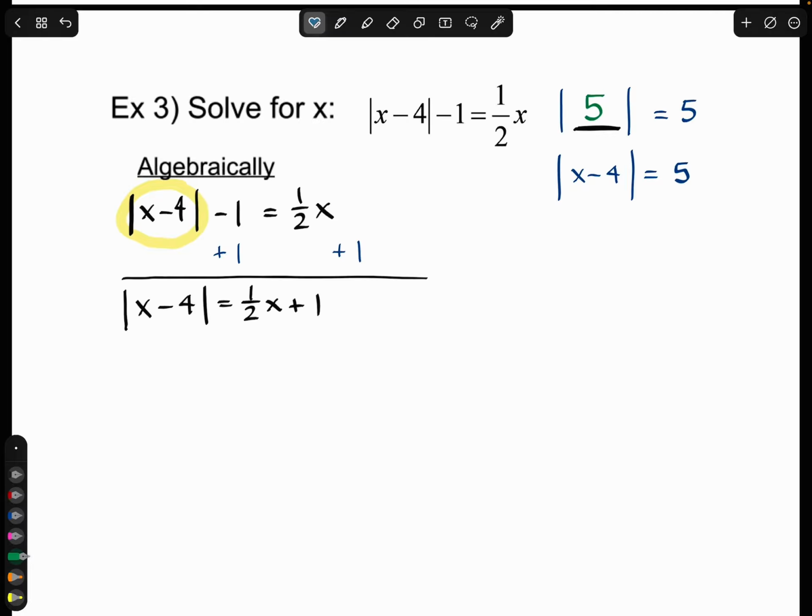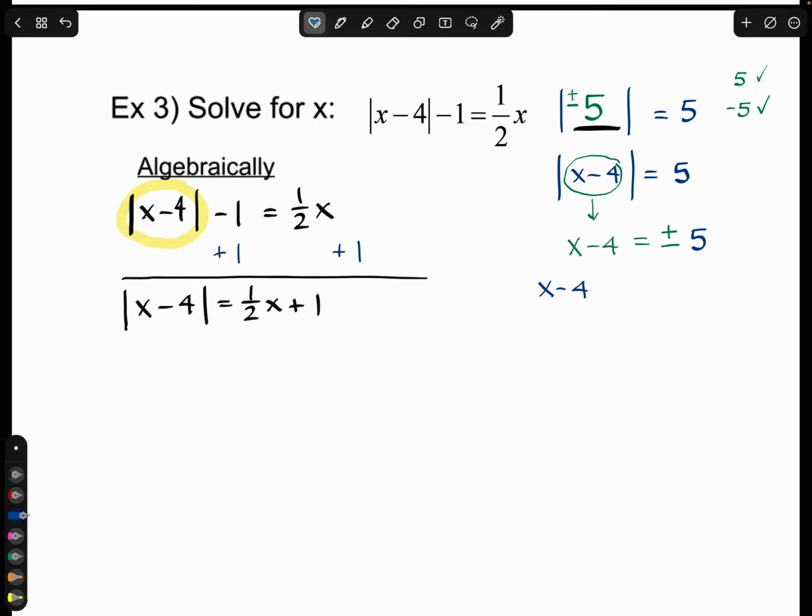So in this case, if I put a 5 in here, that would work. If I put -5 in here, the absolute value of -5 is also 5, because it's 5 units from 0. So there's two numbers we need, either positive or -5, to end up inside of here, which means that x minus 4, if we take it out of the absolute value, has to end up equaling either positive or -5.